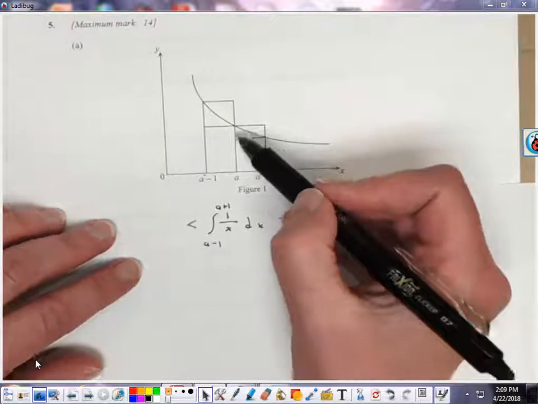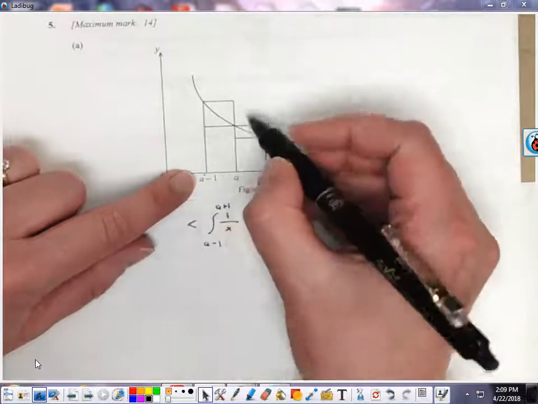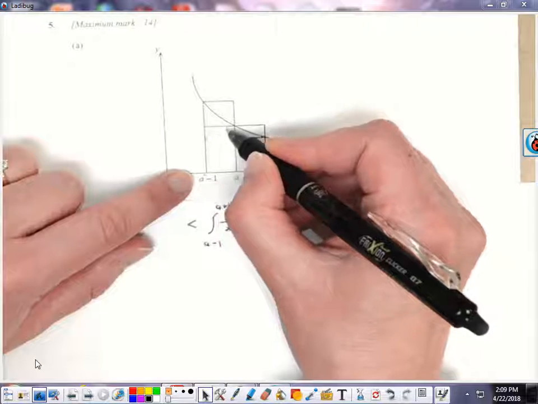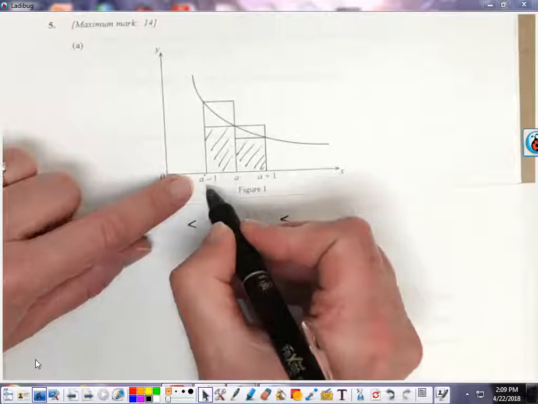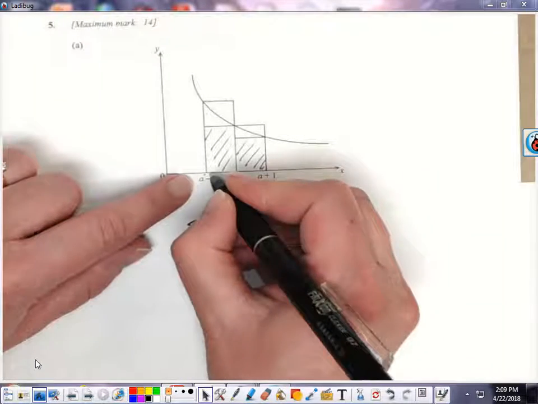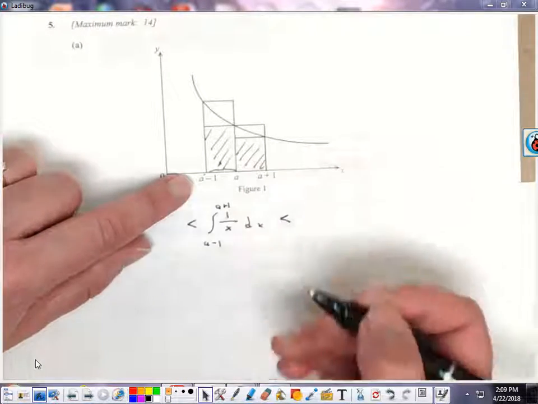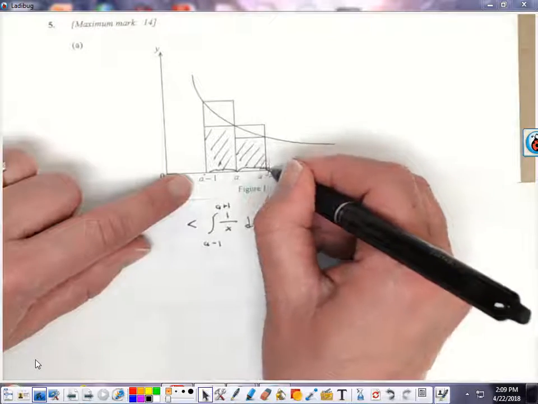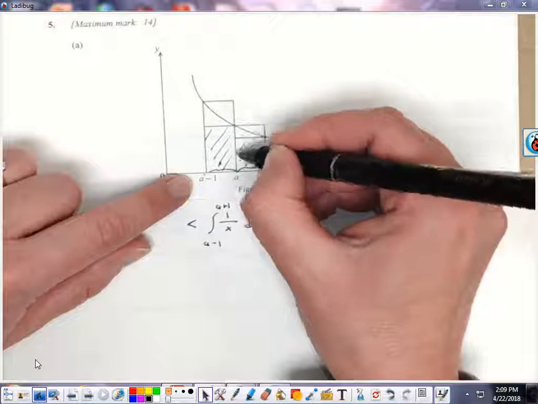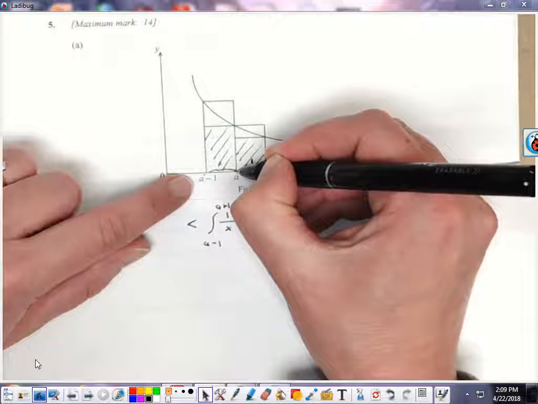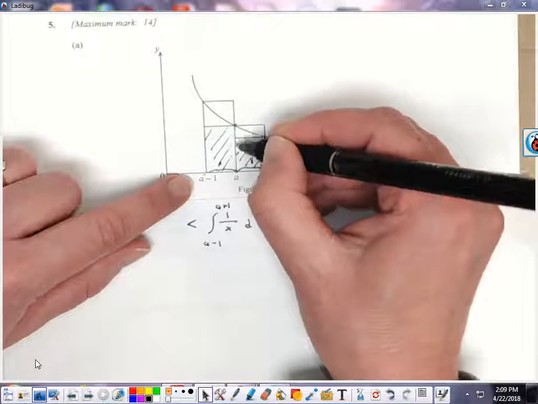If I want to look at what's below, I would be looking at this rectangle and this rectangle. Well, this distance, a minus 1 to a, would be a distance of 1. And from a to a plus 1 would be a distance of 1. When I look at how high it is, it's however high I am at the right endpoint.